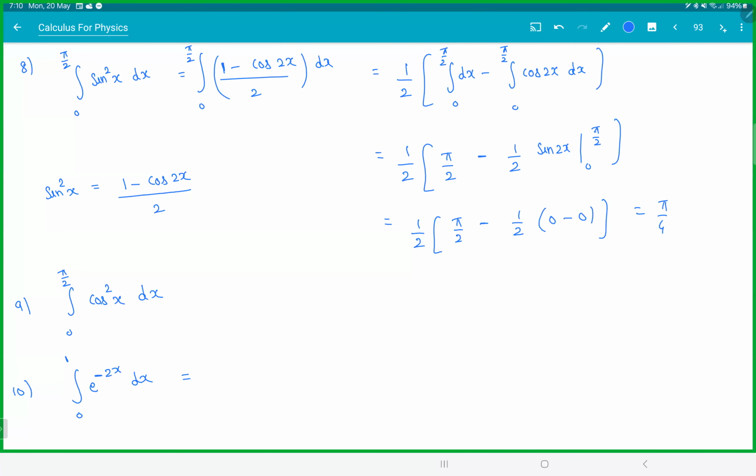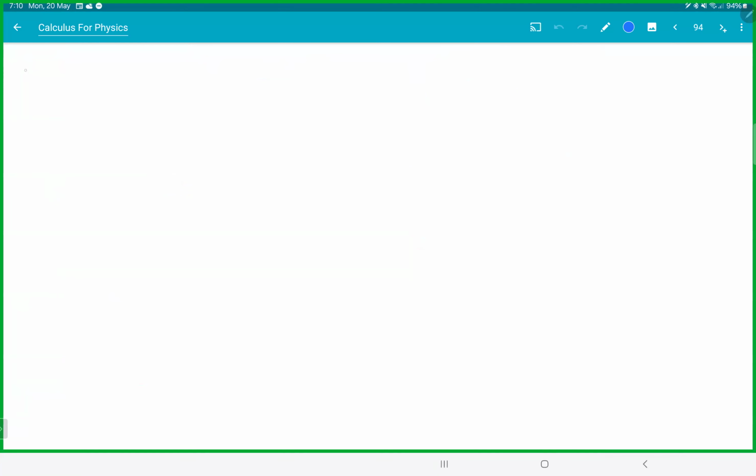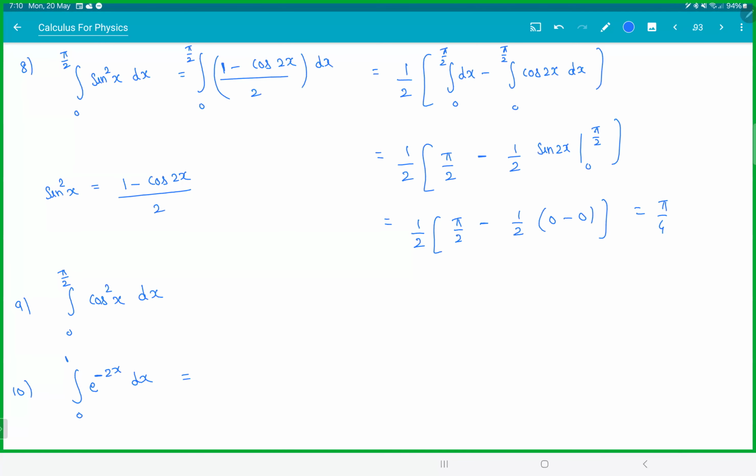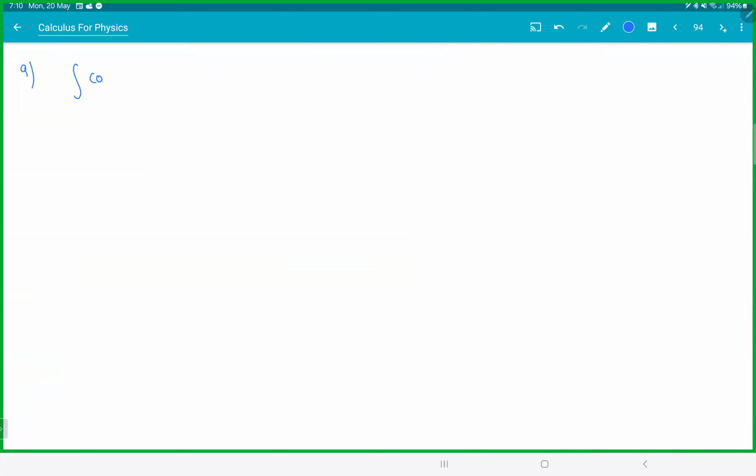What is the answer for this ninth one? It will be actually the same one. Ninth one, we put for cos square x. Remember, cos square x is (1 plus cos 2x)/2. So that's what I said. You need to know these formulas. Others, do keep your cams on.